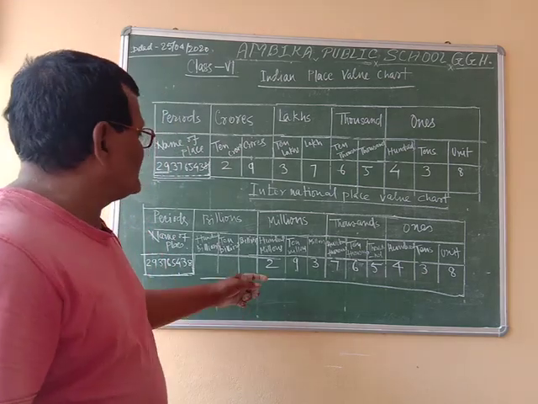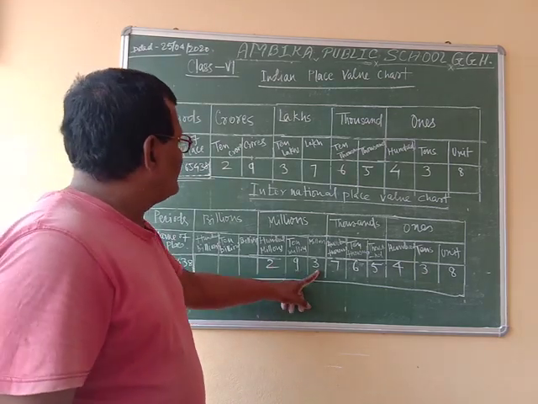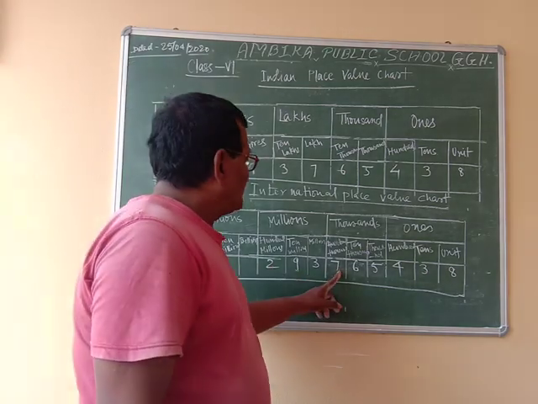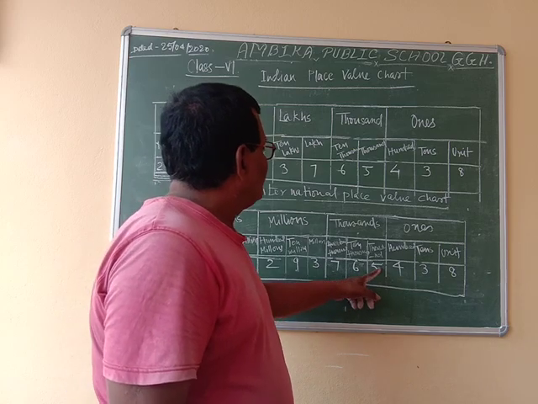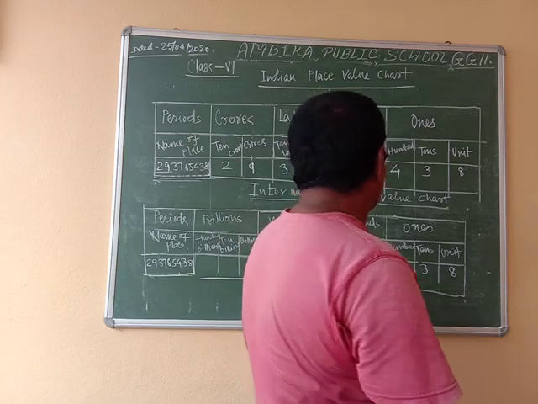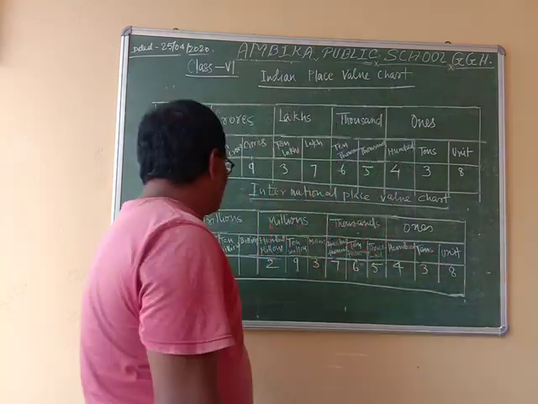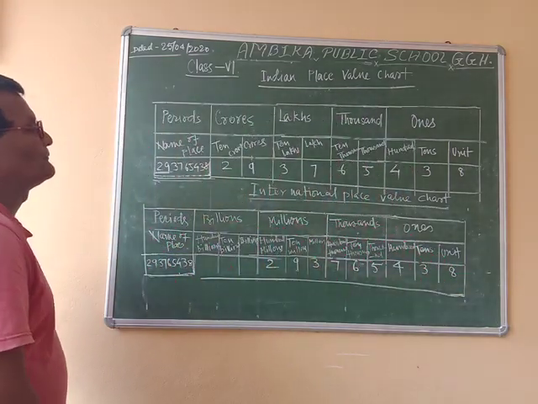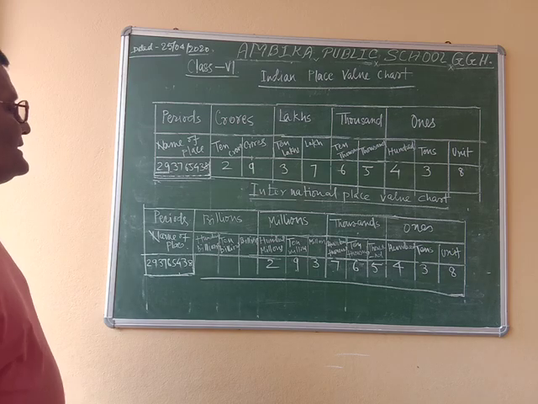So we read as 293 millions 765,000 and 438. So we read this number in the international system.